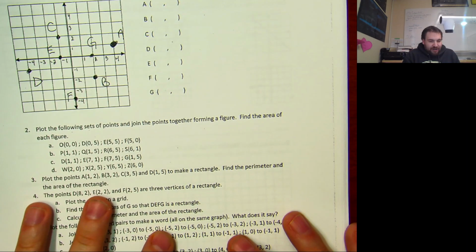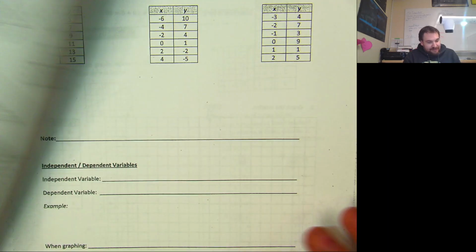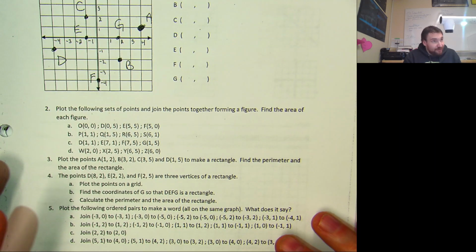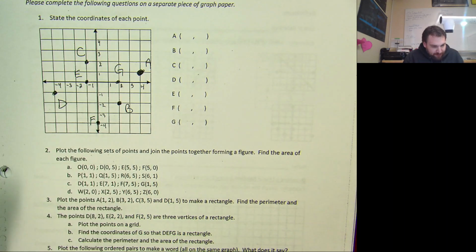Review. I want to make sure we're all good. So I'm going to assign you some stuff. Yes, I do have graph paper. If you have your own graph paper, you're welcome to use it. One can be done straight on the sheet. For the rest of these, I do have graph paper for you.